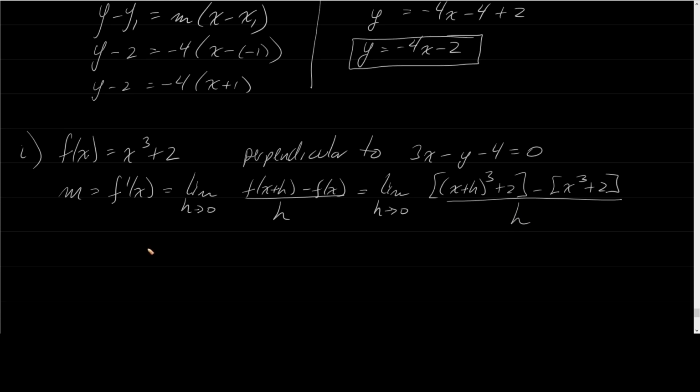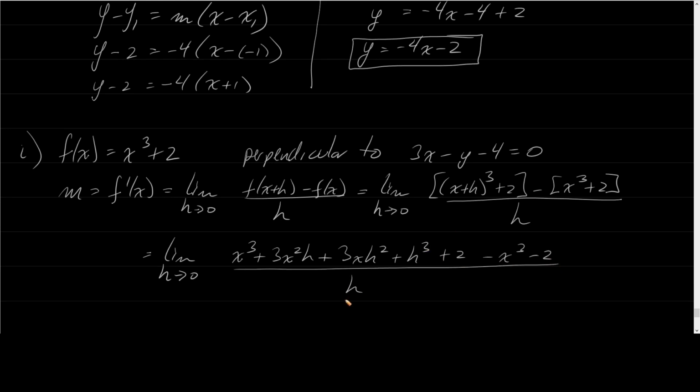All right, so now I end up with the limit as h goes to 0 of, expand the numerator, x cubed plus 3x squared h plus 3xh squared plus h cubed plus 2, distribute that negative, minus x cubed minus 2, all of this over h.